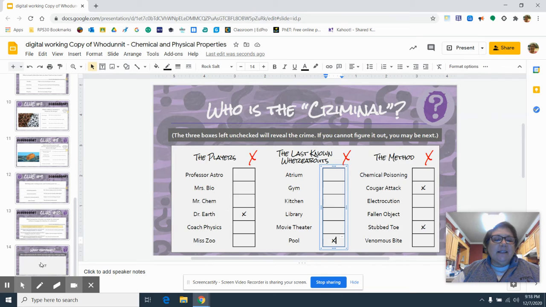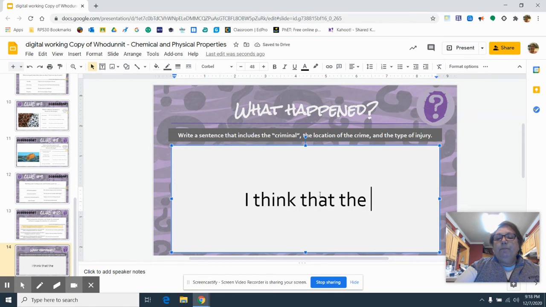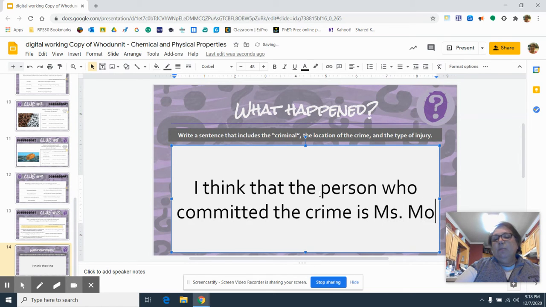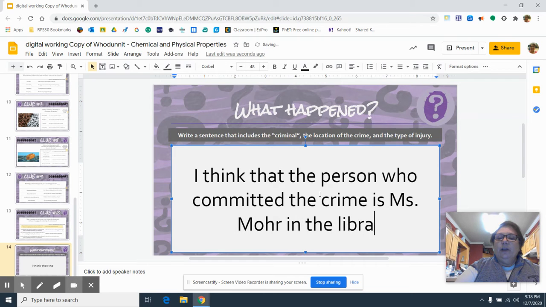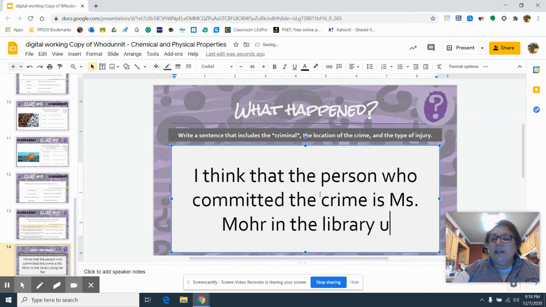The very last slide is where you're going to write that paragraph, and you can just type right in it. Okay. I think that the person who committed the crime is Miss Moore in the library using her favorite book, however you want, whatever it is.